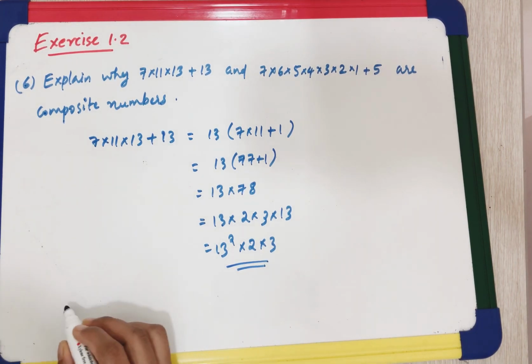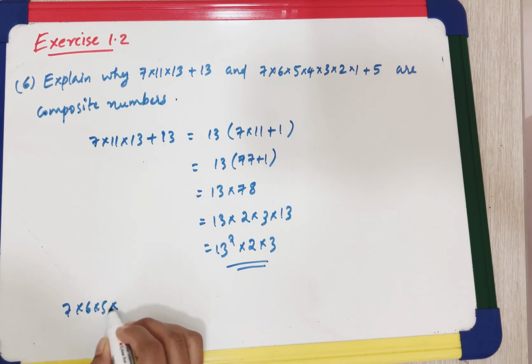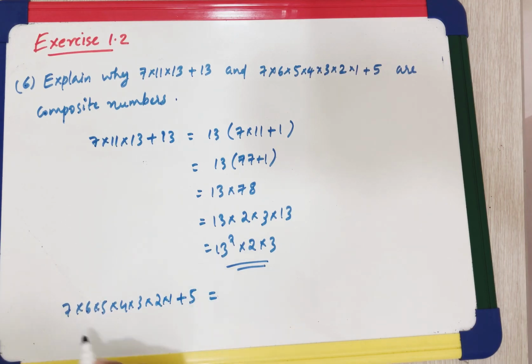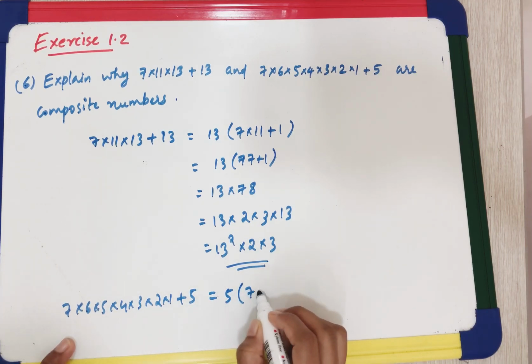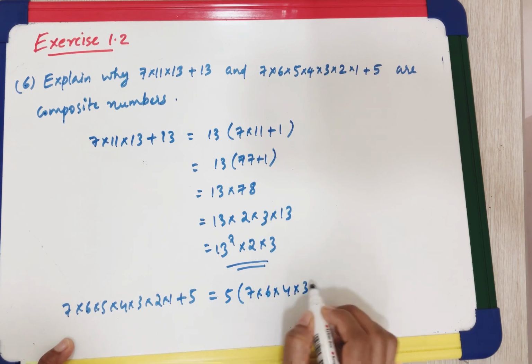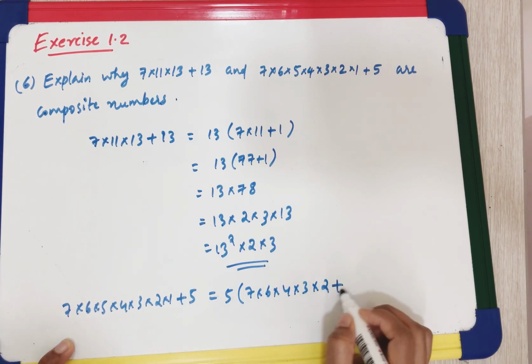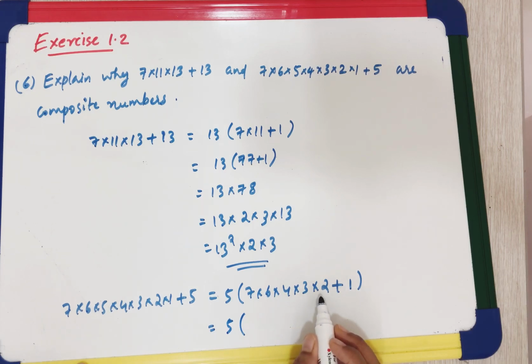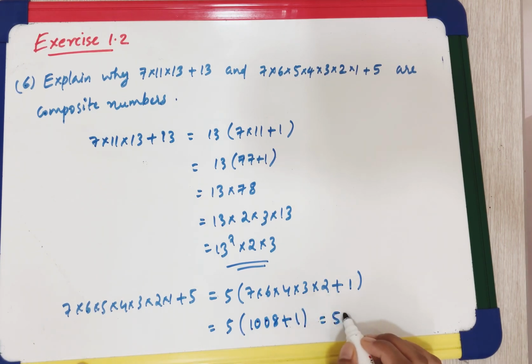Similarly, next one, 7 × 6 × 5 × 4 × 3 × 2 × 1 + 5 is equal to, here 5 is common, 5 × (7 × 6 × 4 × 3 × 2 × 1 + 1), which is equal to 5 × (1008 + 1), which is equal to 5 × 1009. 1009 is a prime, no more factorization.